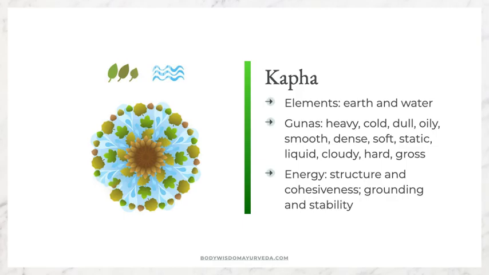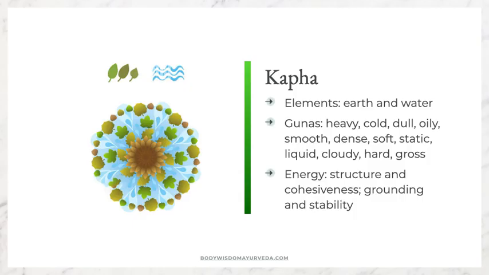Kapha is composed of the elements of earth and water. The gunas associated with it are heavy, cold, dull, oily, smooth, dense, soft, static, liquid, cloudy, hard, and gross. The energy of Kapha is the energy of structure and cohesiveness. It's responsible for grounding and stability.